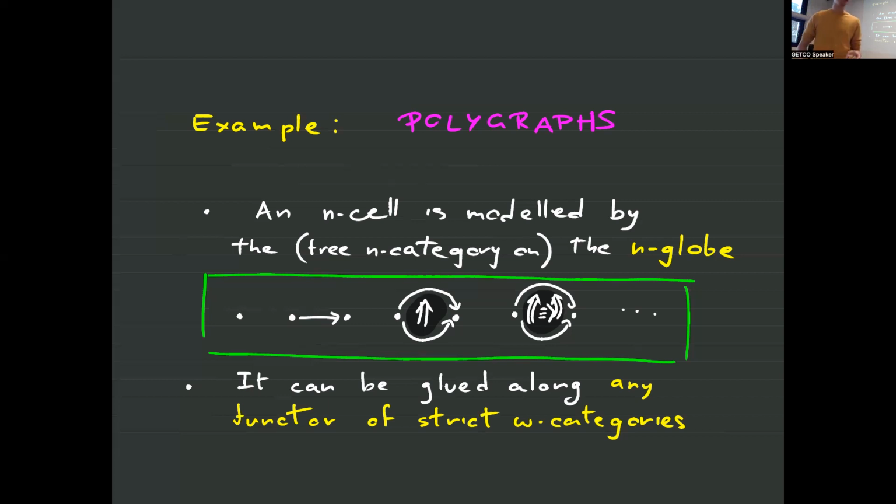So this is an example of what I was calling an algebraic model, because of course strict n-categories are models of an algebraic theory, actually an algebraic theory over globular sets rather than sets.